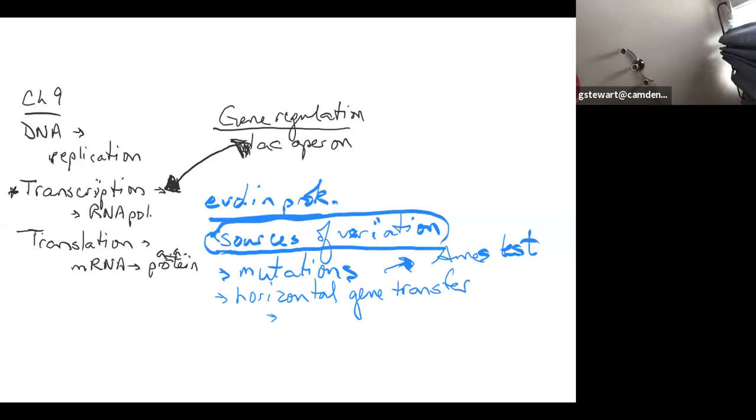And then in that particular lecture, I go through all of the different types of horizontal gene transfer. So conjugation, transduction, transformation, and transposons.